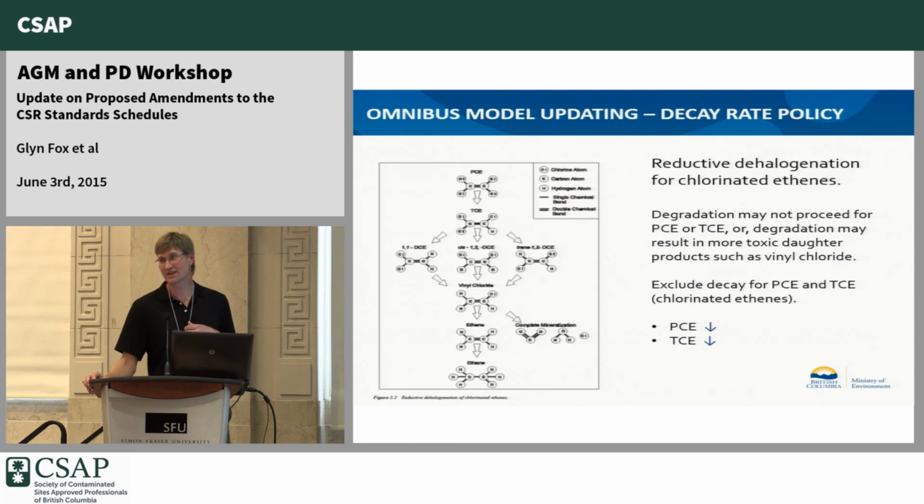But the recommendation on the table is, quite often we don't see decay, so we shouldn't actually have this in our generic standards. So we would exclude decay for these substances. That would be a change. So if you exclude decay, your soil standards would drop.